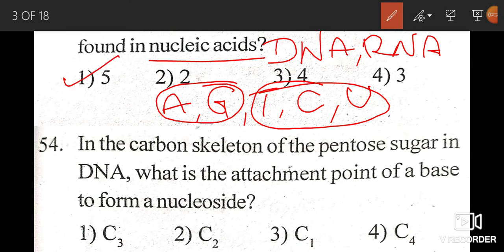Question number 54. In the carbon skeleton of the pentose sugar in DNA, what is the attachment point of a base to form a nucleoside?